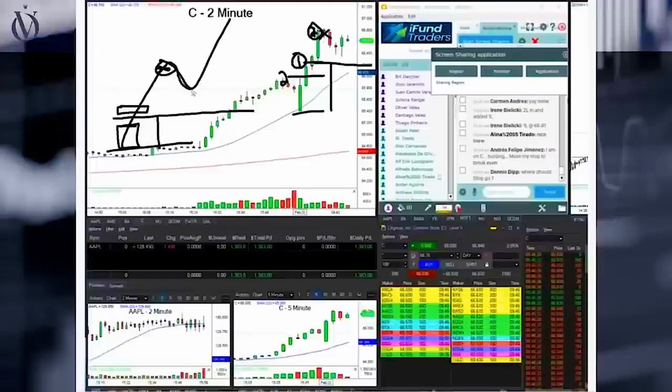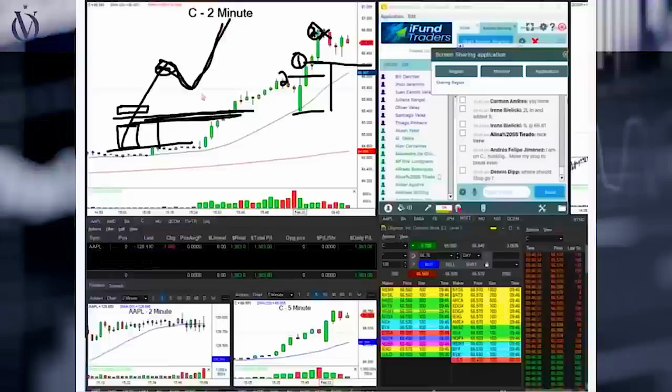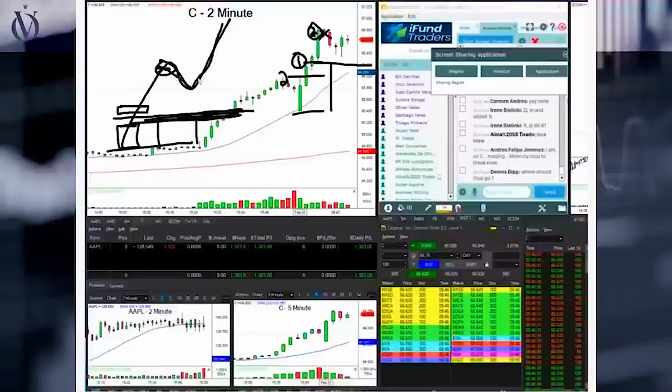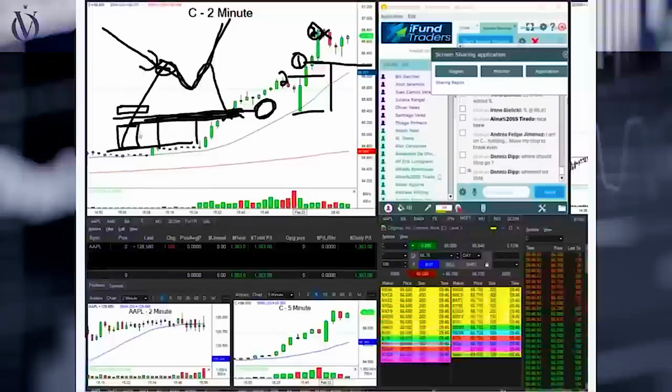All right? And then you let the stock pull back on you. This is your stop that's protecting you. And then you want this move to occur. But sometimes it does, sometimes it doesn't. That's why the stop is moved here. So in the case that it doesn't and you get stopped out, the remaining is a 0 play, but you still have the winning portion of the play. All right?